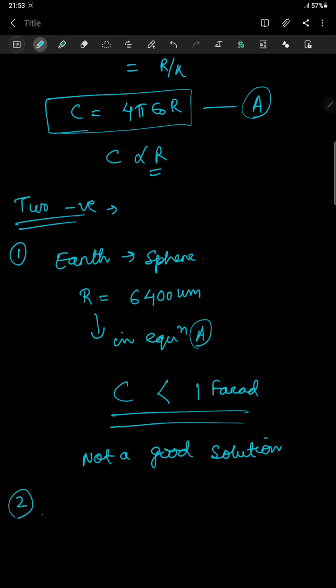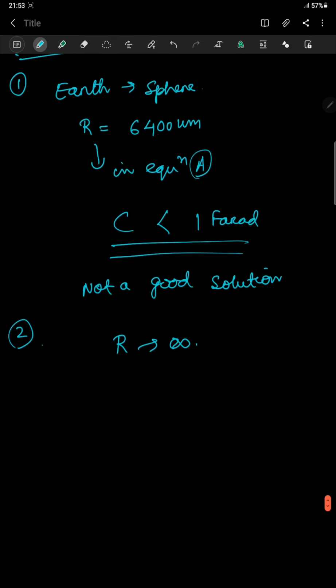The second drawback was the energy in the capacitor. It was spread from R to infinity. Now to explain this, I'll take a very small example in day-to-day life. Suppose you want to drink water, and there is a table in front of you. I take a glass of water and I pour the water on the table.